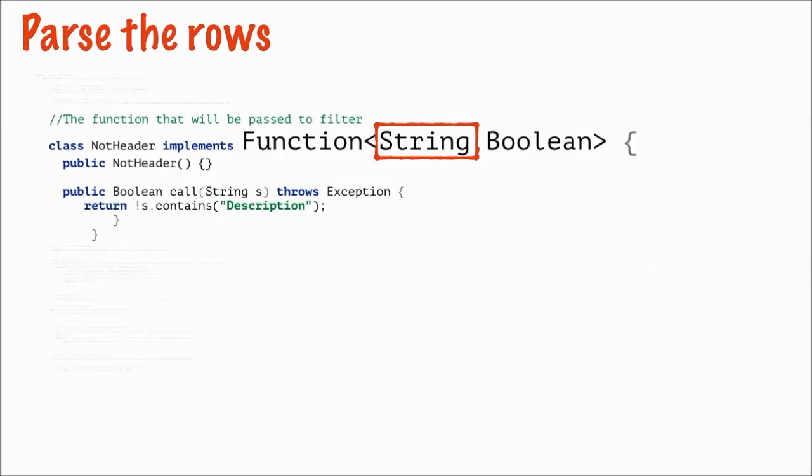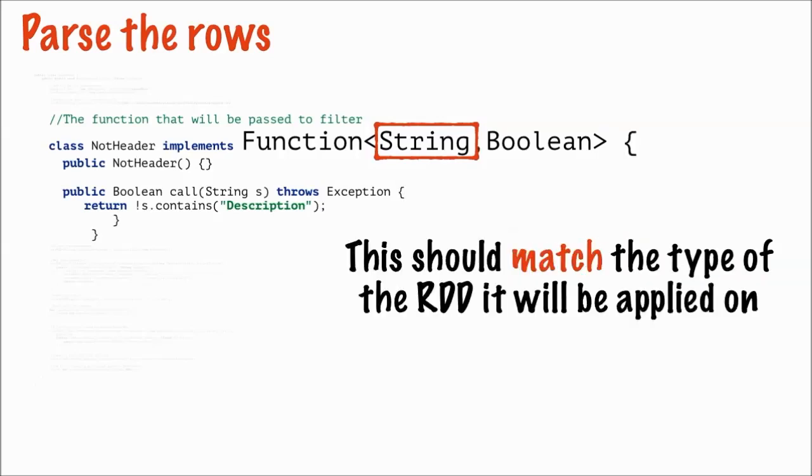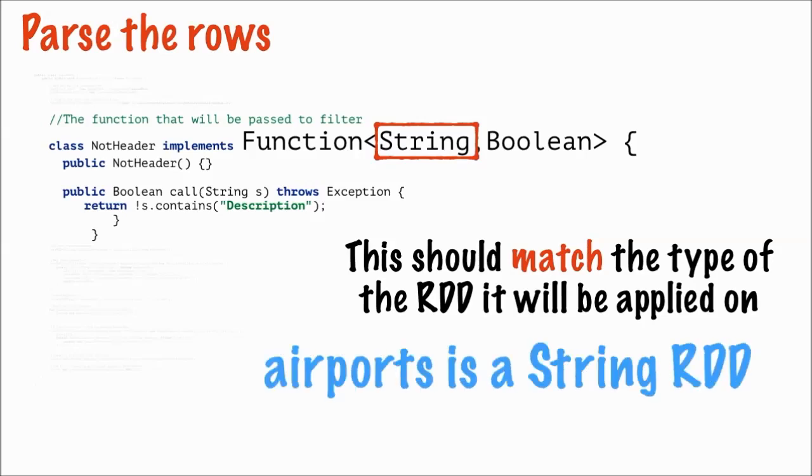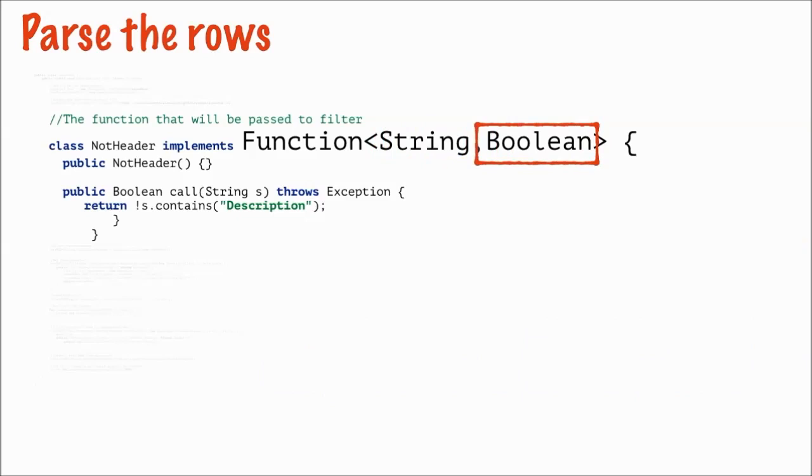The type of the input matches the type of a record in the RDD. So the airports RDD, remember, is an RDD where every record is a string. It is a string RDD. The NotHeader function object, which is the NotHeader class, has a method which is going to operate on every record in the airports RDD. Every record is a string, and the string is the first type parameter.